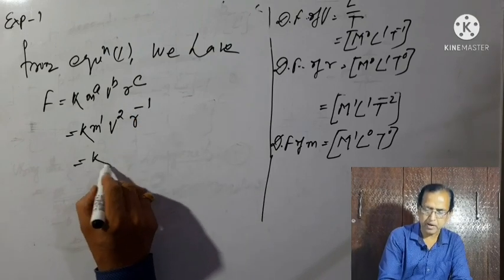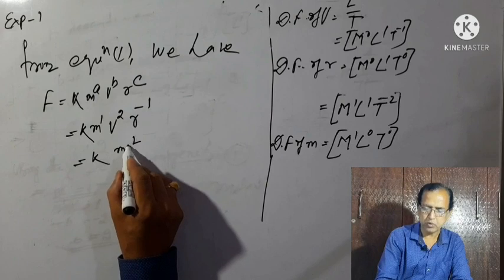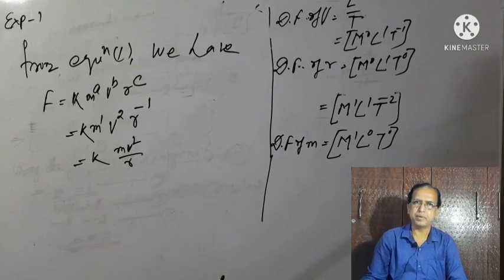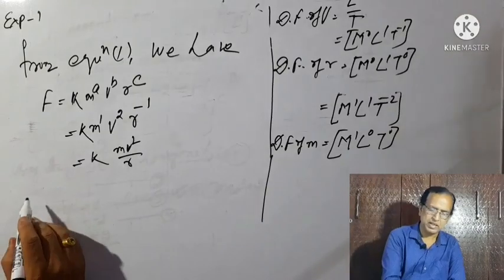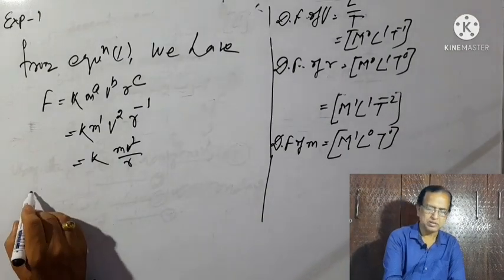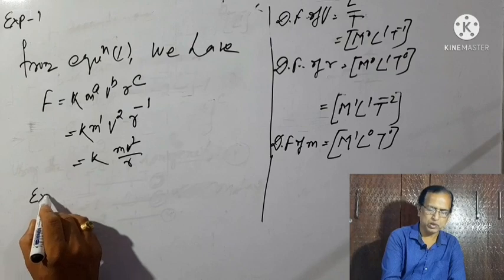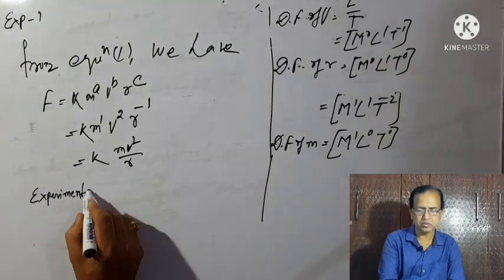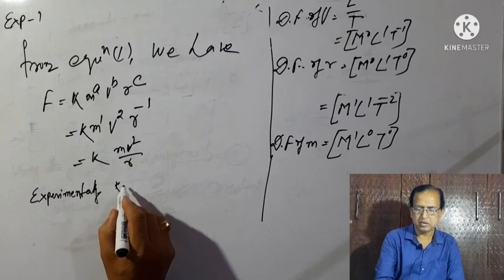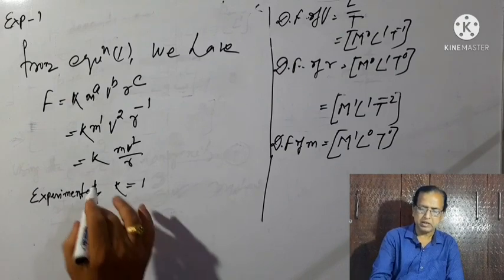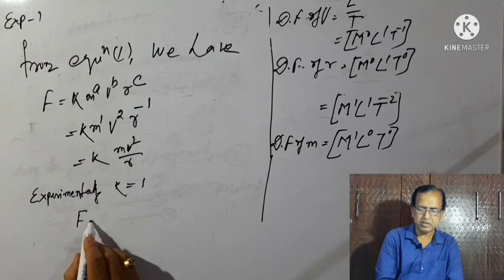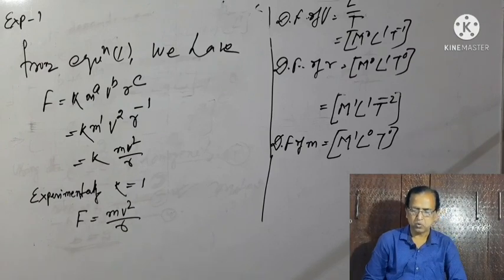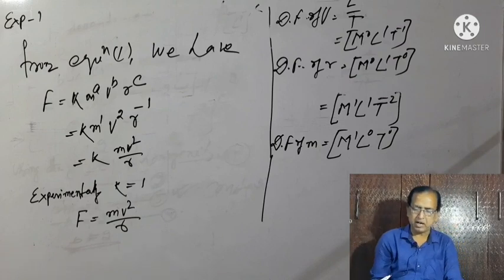So that is K M V square by R. This is the expression for F. Experimentally, the value of K is equal to 1. If K is equal to 1, then F is equal to m v square by r.